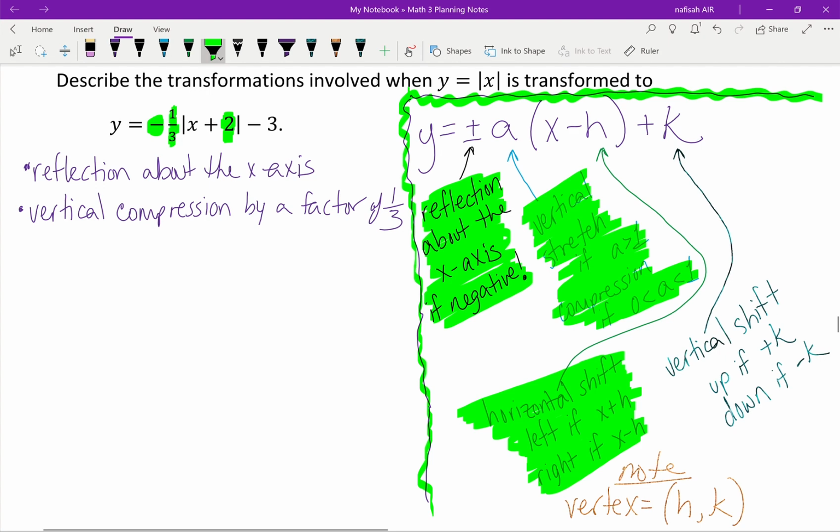I have a positive 2 here. My key to life says that it'll be left if it's an x plus 2, I mean, x plus h, x plus a number. So I know that I have a horizontal shift left 2 units.